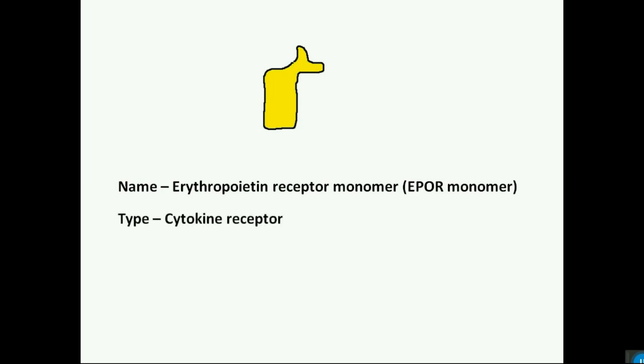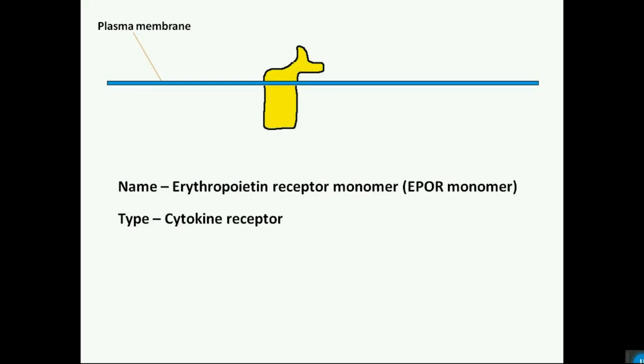It is present on the plasma membrane of a cell, and this is the extracellular space which is present outside the cell, and this is the cytosol which is present inside the cell.